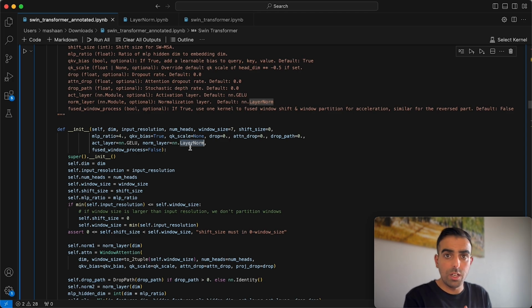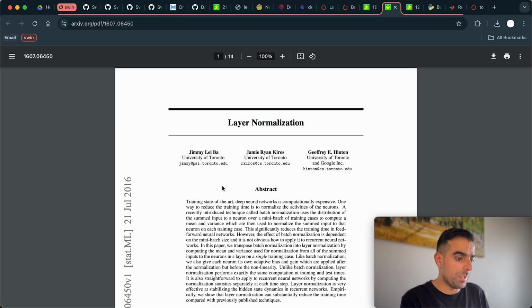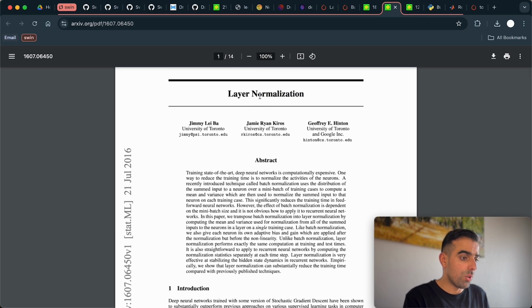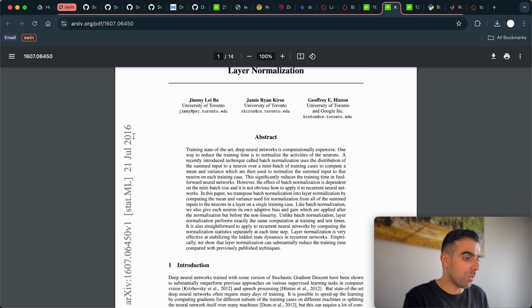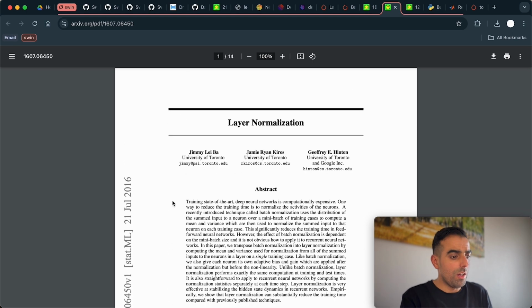So what does the layer norm do? It's basically explained in this paper, Layer Normalization, which came out in 2016. Normalization is basically subtracting the mean and dividing by the standard deviation, just to let that group of data have a zero mean and unit variance.